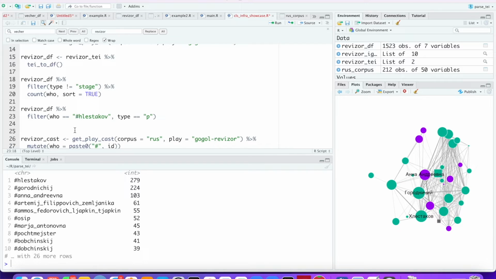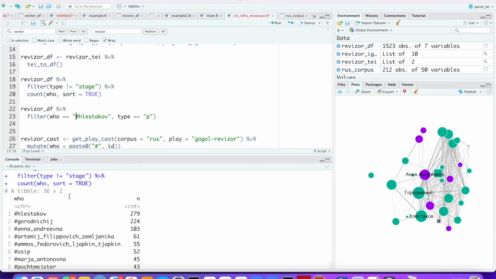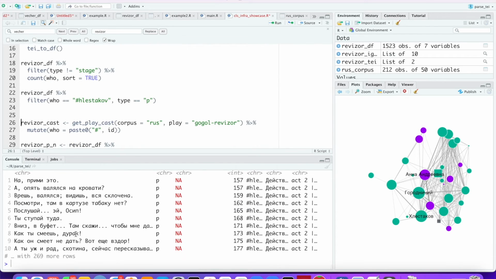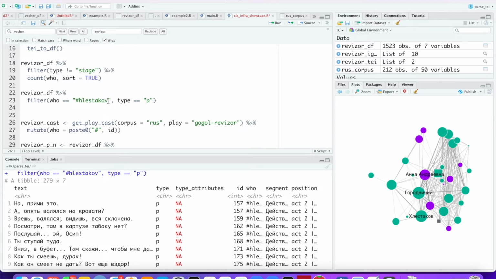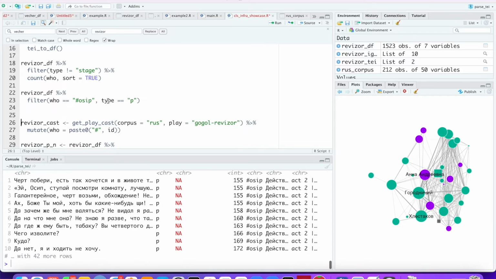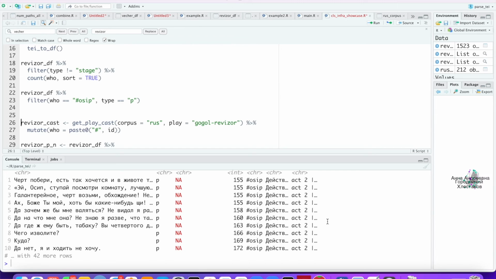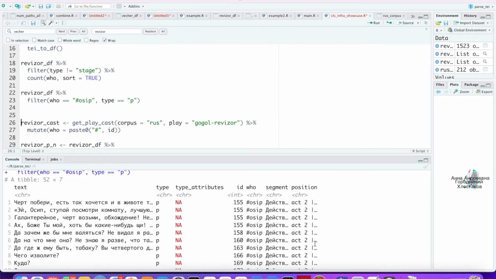And I can have a look at, for example, Pozdniakov's lines in the text, or whoever I want. Let's take Osip. Yeah, you can see everything is here. If I want, I can take only the segments that I'm interested in.